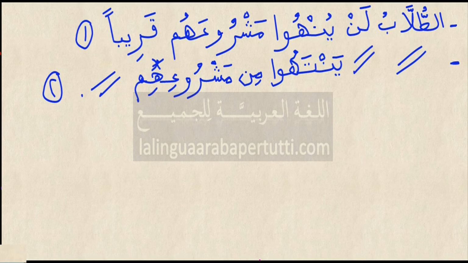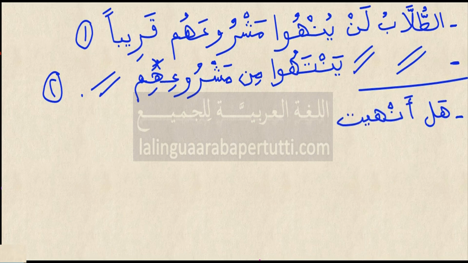Let's go to the sentence number two. It was, did you finish your job? I think it's so easy. So I can say هل أنهيت عملك. This is number one.